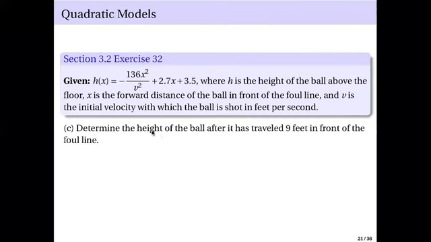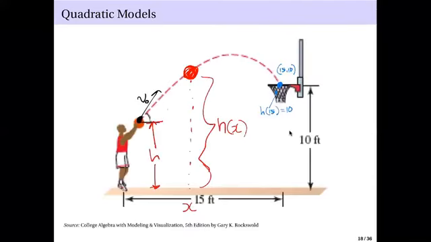Next, determine the height of the ball after it has traveled 9 feet in front of the foul line. Let us look at this. So according to this it is 15 feet. So 9 feet from the foul line.